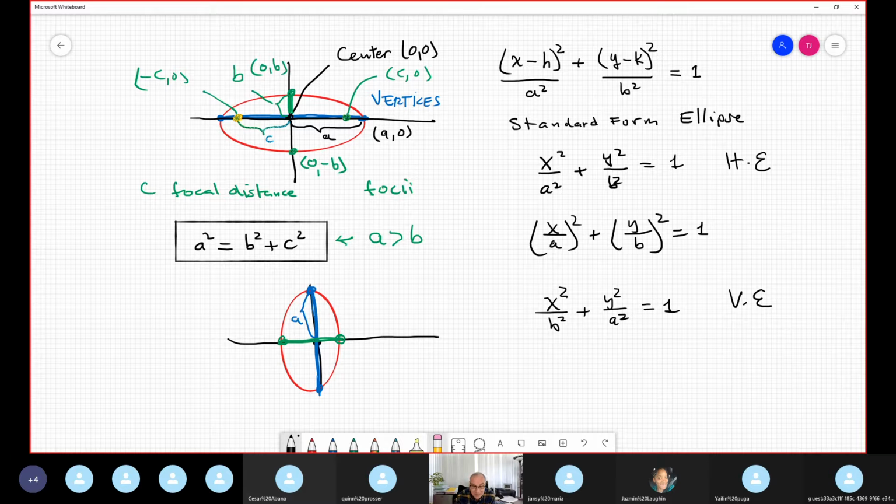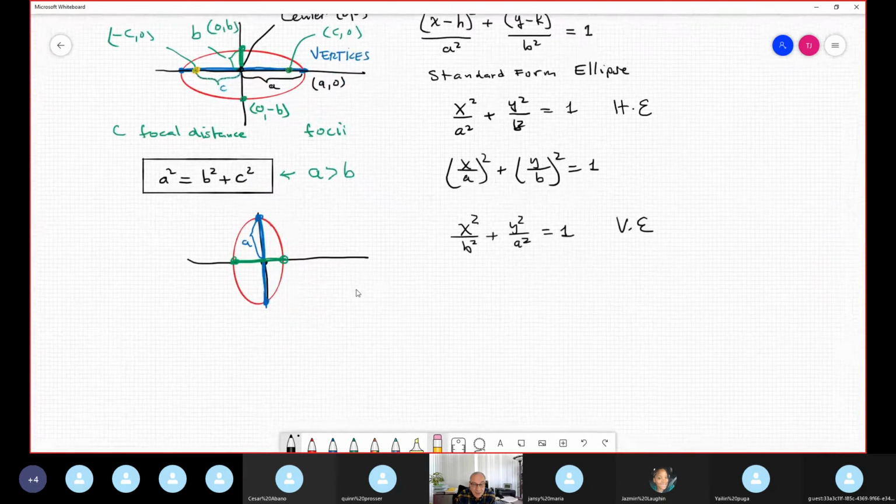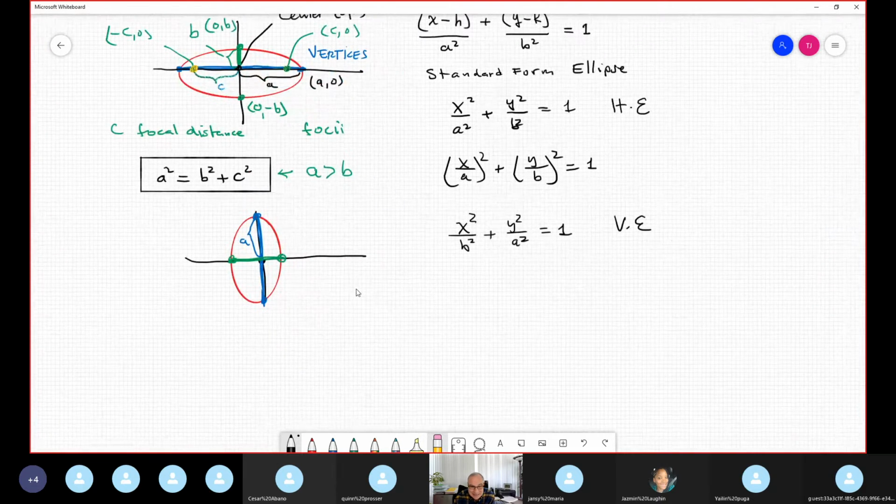Okay, one important parameter to finish the theoretical part of the ellipse before starting examples is eccentricity. Eccentricity, letter e, is the ratio c over a. c is the focal distance and a is the semi-major axis.